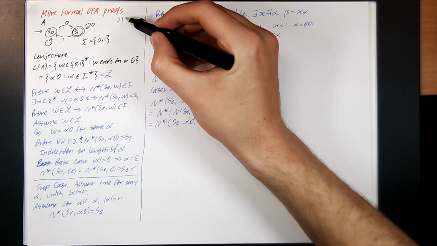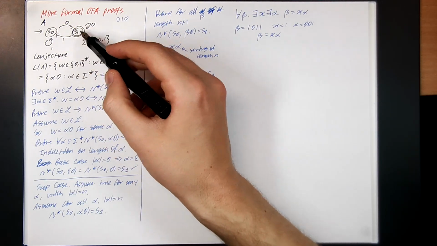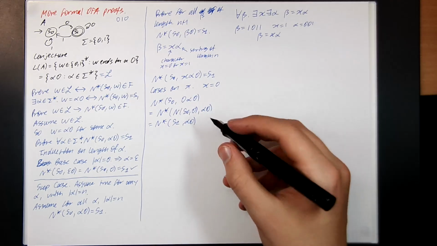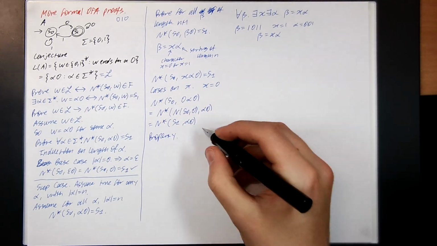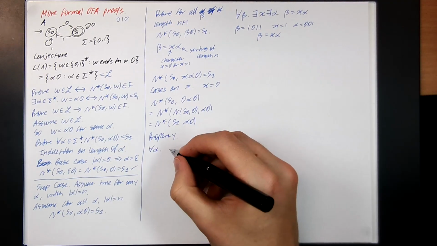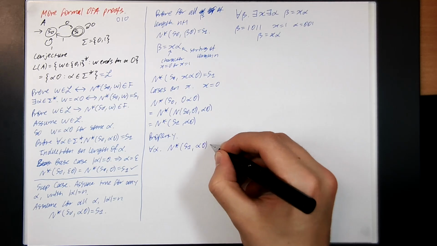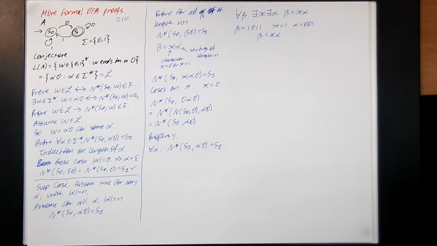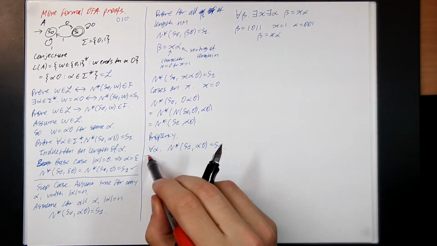If I'm in S1 and I read 0, 1, 0, 0, 1, 0, I still go to S1. So it looks like we might need the property that for any string alpha, if I'm in S1 and I read alpha followed by 0, I stay in S1. So it looks like we might need to do induction on a stronger property, right? So let's try that again.